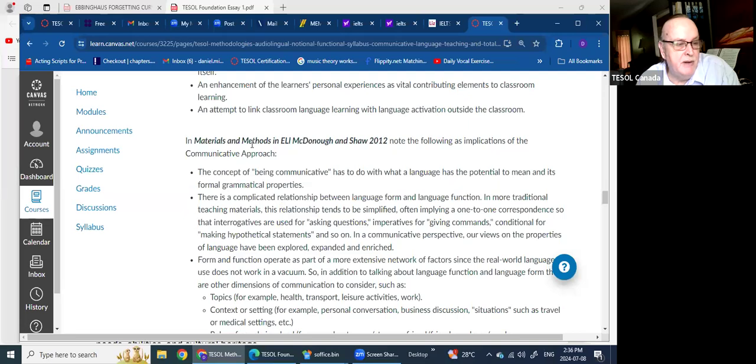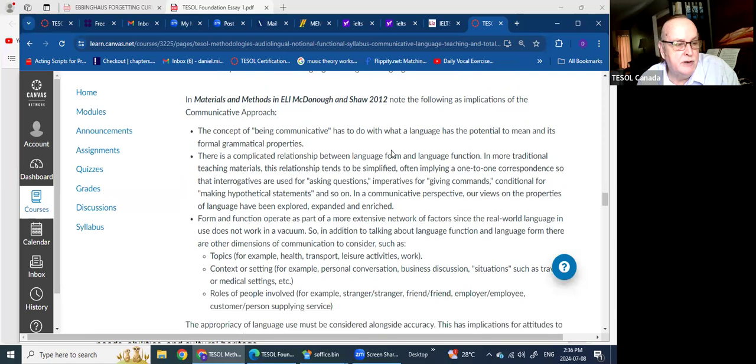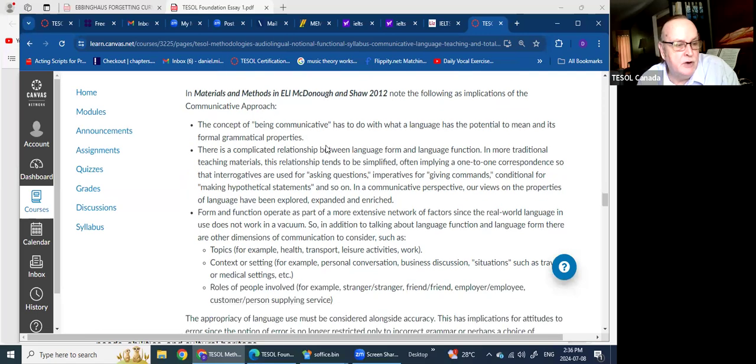In Materials and Methods by Ellis, McDonough, and Shah in 2012, they note the following as implications of the communicative approach. The concept of being communicative has to do with what a language has the potential to mean and its formal grammatical properties. There is a complicated relationship between language form and language function.